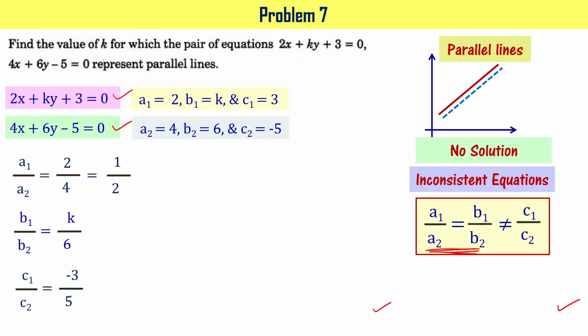It means b1 by b2, that is k by 6, has to be equal to a1 by a2, that is half. Let's write that. Half equal to k by 6. If I do cross multiplication, I can write 2k equal to 6. It means k equal to 6 by 2, that is equal to 3. So this is what we are asked to find, right? k equal to 3 is the solution.